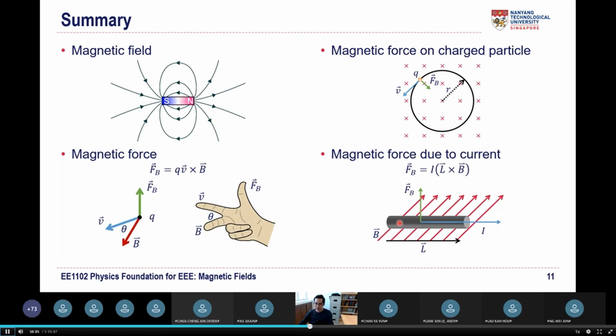And because a current carrying wire means there are moving charges inside the wire, if we place it under a magnetic field, it will also experience some magnetic force in this relation. That's the summary of the first part of today's lecture.